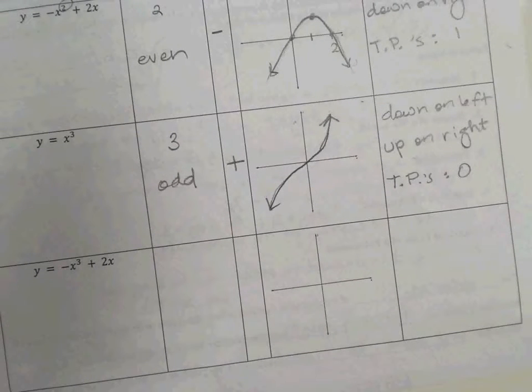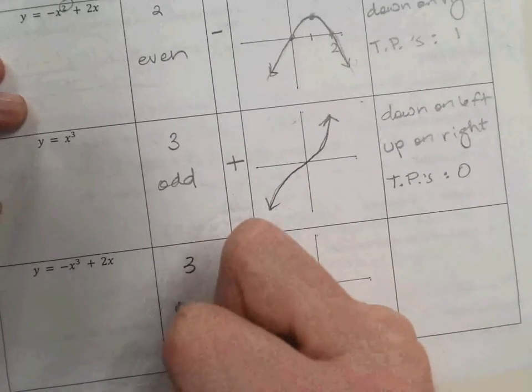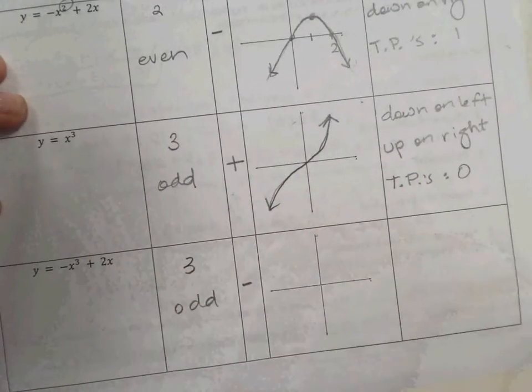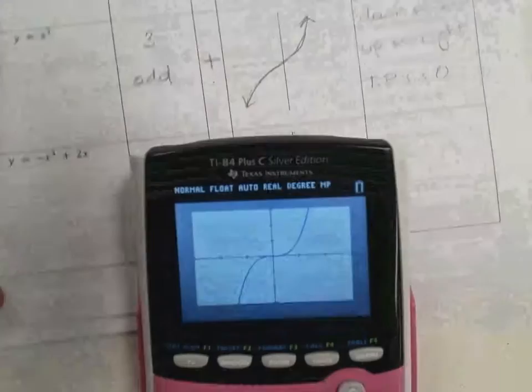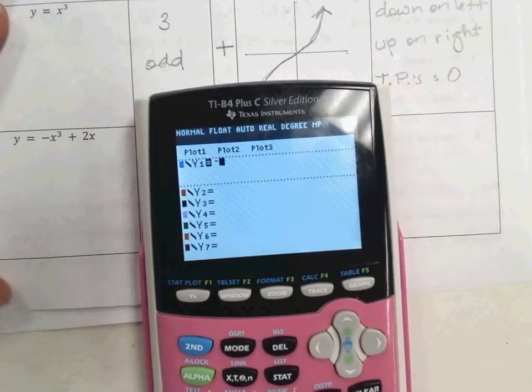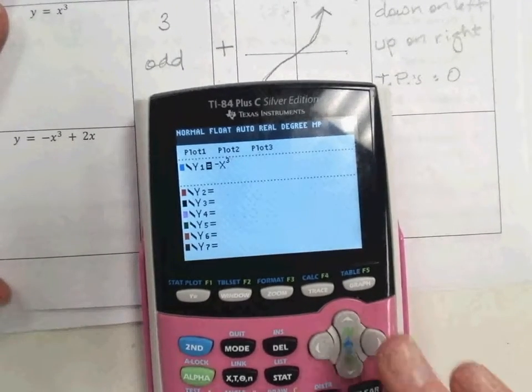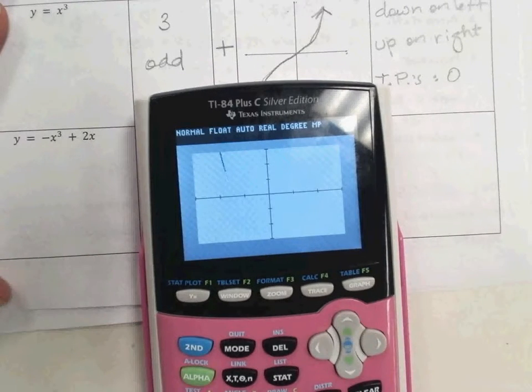Next, y equals negative x cubed plus 2x. Again, this is degree 3. It's odd, but it is negative. So we go negative x cubed plus 2x.